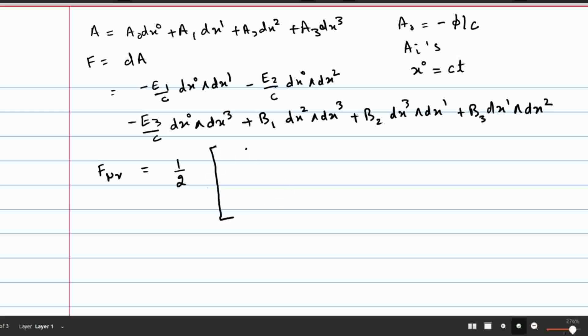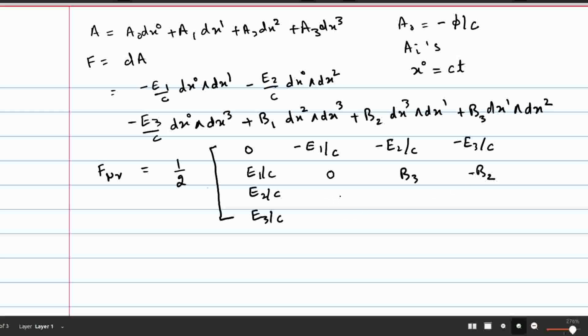So the 0th row is 0, 1st component is minus E1 over c, 2nd component is minus E2 over c, 3rd component is minus E3 over c. 1/0th component is E1 by c, 2/0 is E2 by c, 3/0 is E3 over c, 1/1 is 0, 1/2 is B3, 1/3 is minus B2.